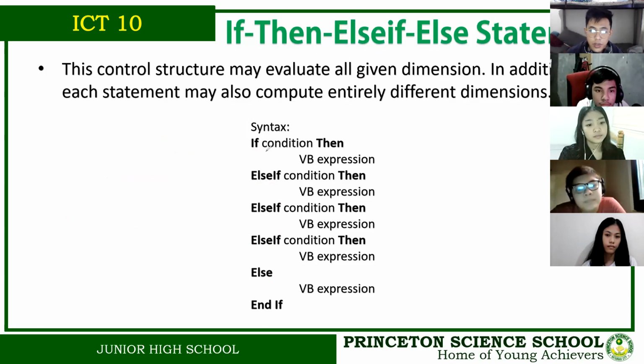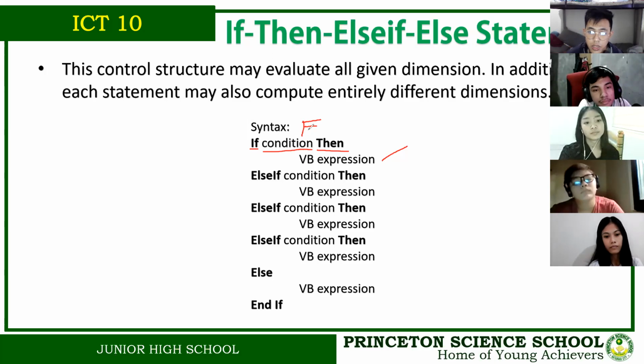In the first one, we have the if, then our condition, and of course our VB expression. So what if the first condition is false? In the last one, if the answer is false, the first expression is skipped, and then automatically the second VB expression is given as our answer.